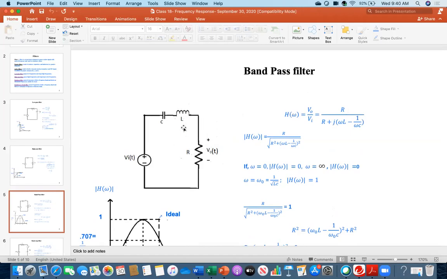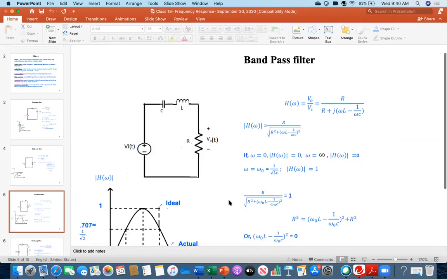This is R plus j, for this one omega L, and for C, minus 1 over omega C. So you already know this format from the impedance calculation. And then again, you express its magnitude. So this is the expression: R over root of R squared plus omega L minus 1 over omega C, squared.